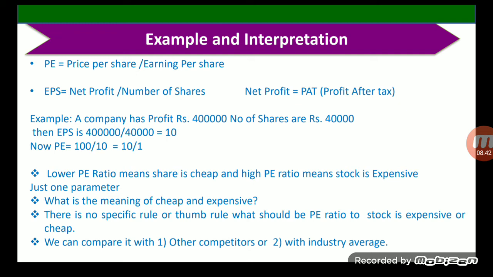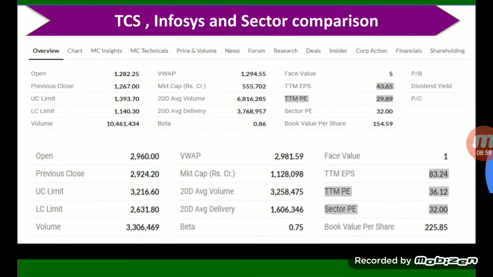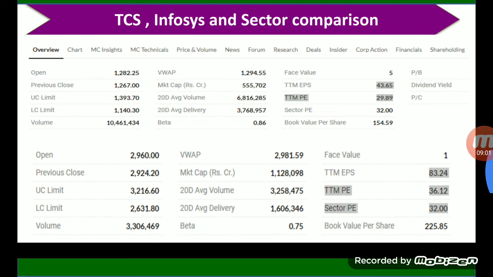So we can compare it with other competitors of the company or share, and also we can compare with the industry average where these companies belong. Now take the example of TCS and Infosys.